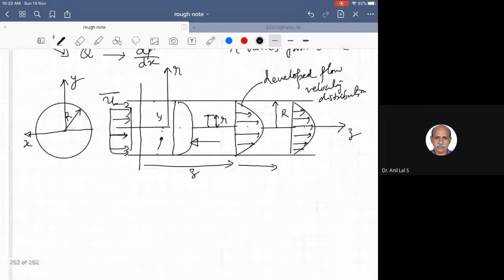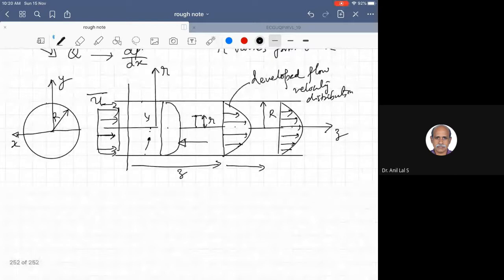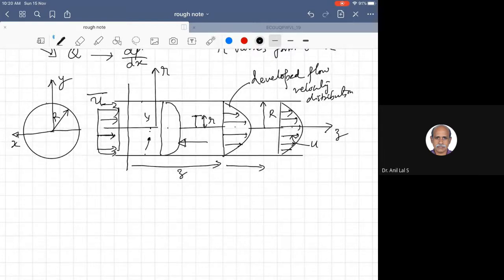So in this developed flow, this component of velocity is u_z actually. That is, dou u_z by dou z is equal to 0. That is the condition for developed flow.